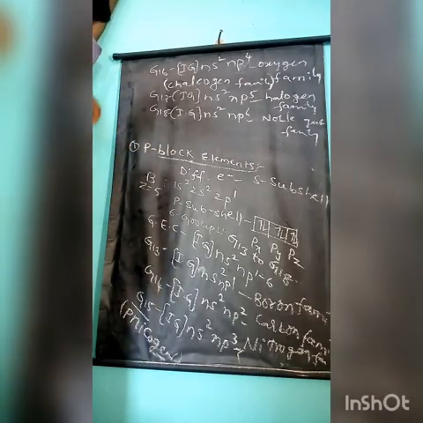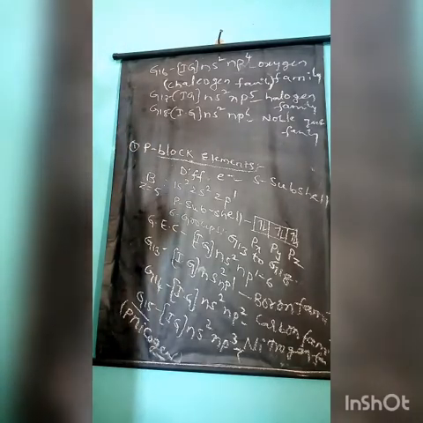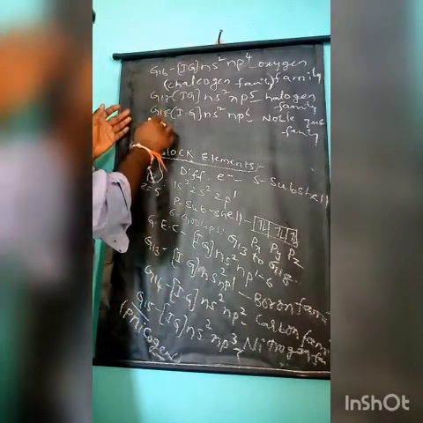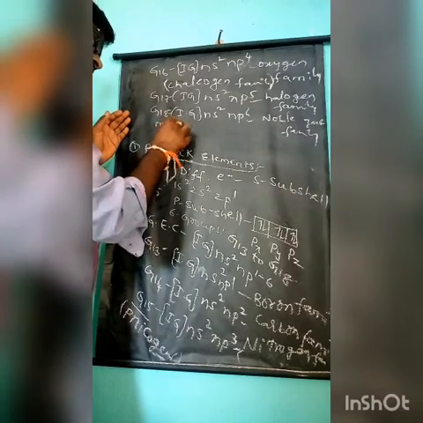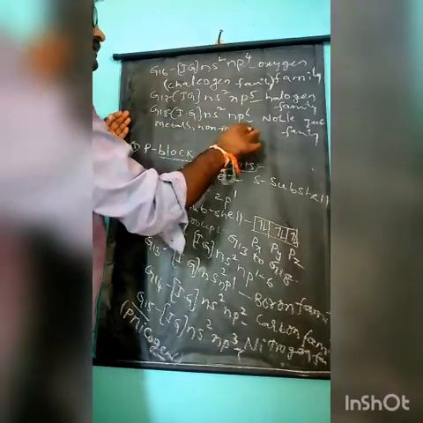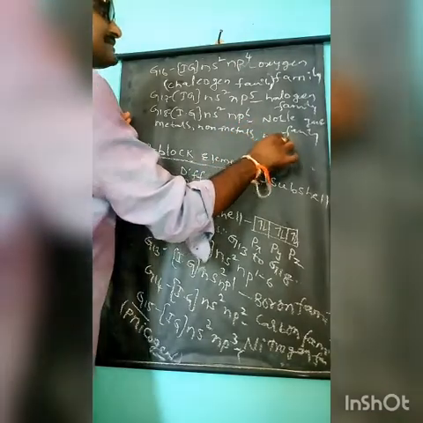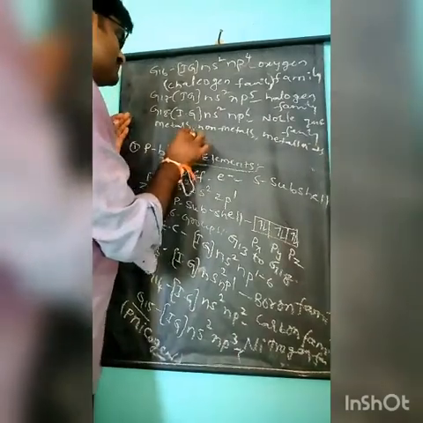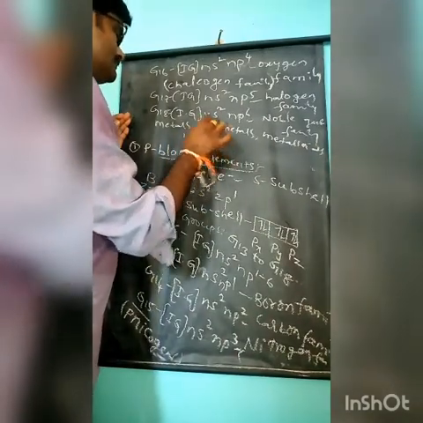This block contains a total of 6 groups. This block contains mostly metals, non-metals, metalloids and noble gases, so in total 4 types of elements are present in the p block.